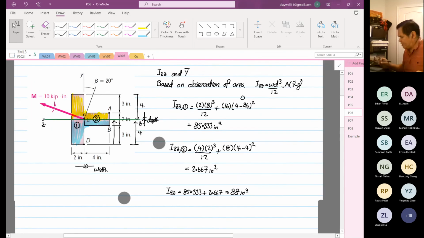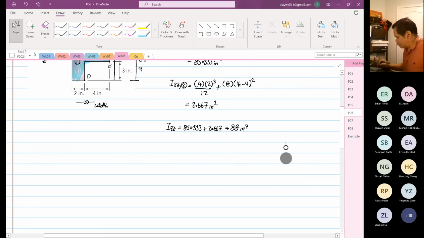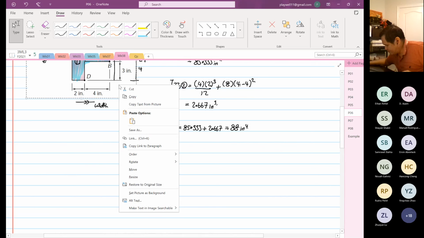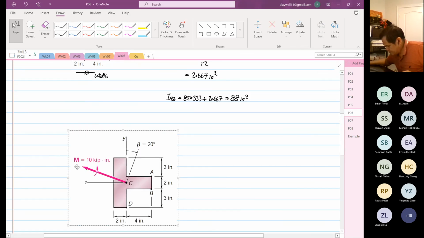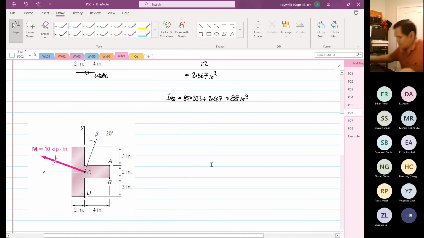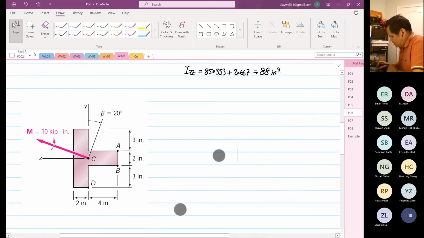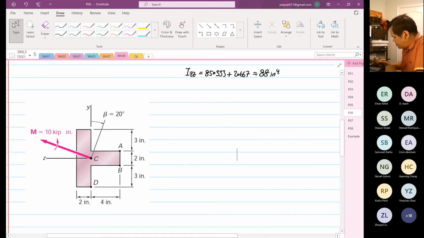Okay, now we have everything. We are ready to rock and roll, I think, okay? Yeah, right. So we are asked to find the stresses at point A, B, and D. Okay, so we are going to find the stresses at point A, B, and D. Right. So based on our analysis diagrams, did we do an analysis diagram?